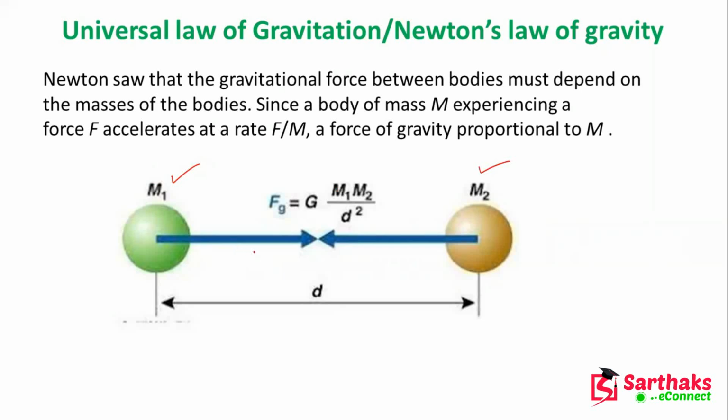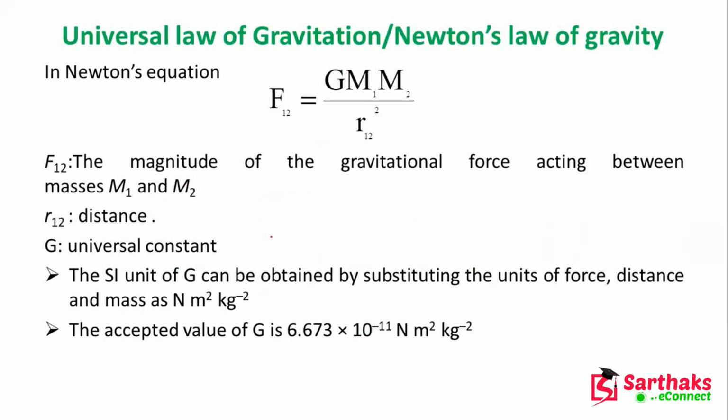The force between these two will be G m1 m2 divided by d square, where d is the distance between these two objects and G is the gravitational constant. Here you can see that a body of mass m will experience a force and accelerate with F by m. This will be discussed later on.